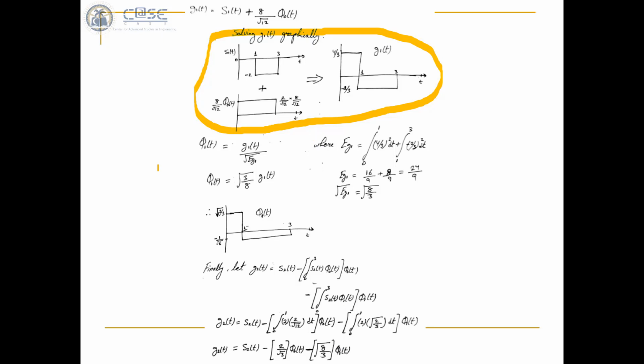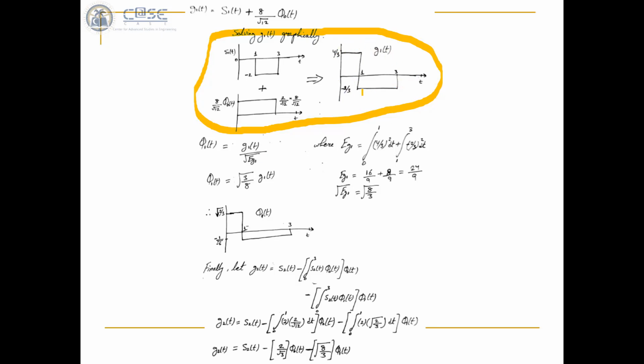So what I got in the end is phi 1 of t, which is nothing but the function g of t divided by the norm of the function g of t, which is g of t divided by under root of Eg1. Once I have obtained g1 of t in the previous step, you can graphically see it.